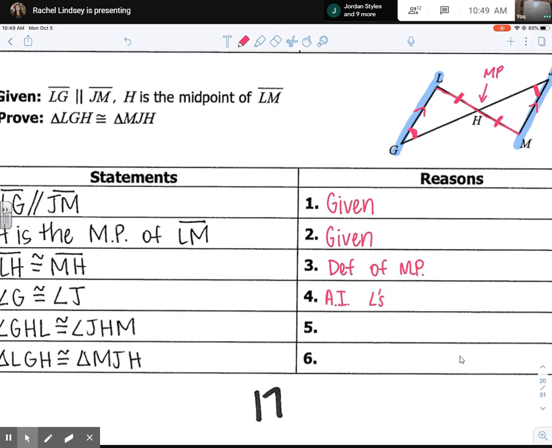Then number 5 says angle JHL is congruent to angle JHM. So they're both at H. They're in that bow tie, so those are vertical angles. That's how we would know that. Now, I have 2 angles and a side. So how can I prove those? Angle, side. Angle, side.